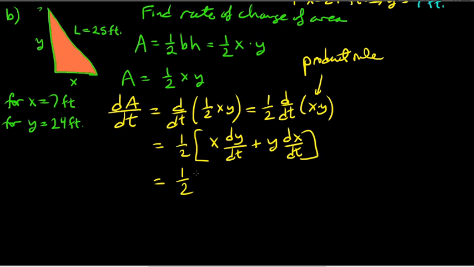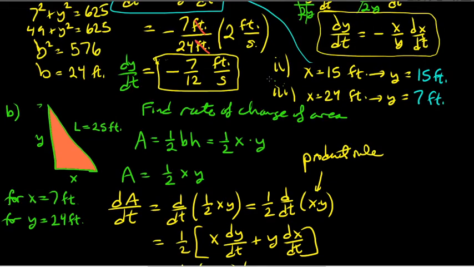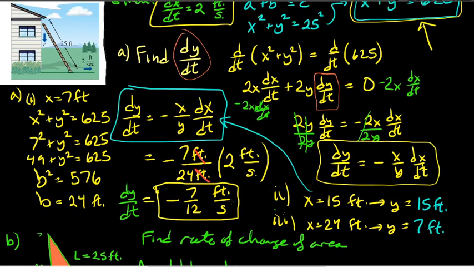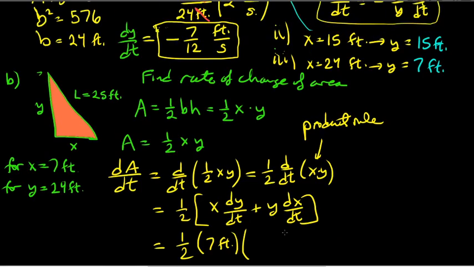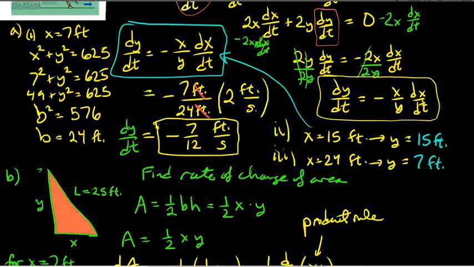What do we know? We know x is 7, so that's 7 feet. The derivative of y with respect to t, well, actually, we found that in part A. That's negative 7 over 12, right? So dy/dt is negative 7 over 12 feet per second, right? And then plus y is 24 feet. And then dx/dt, well, that was given as well.